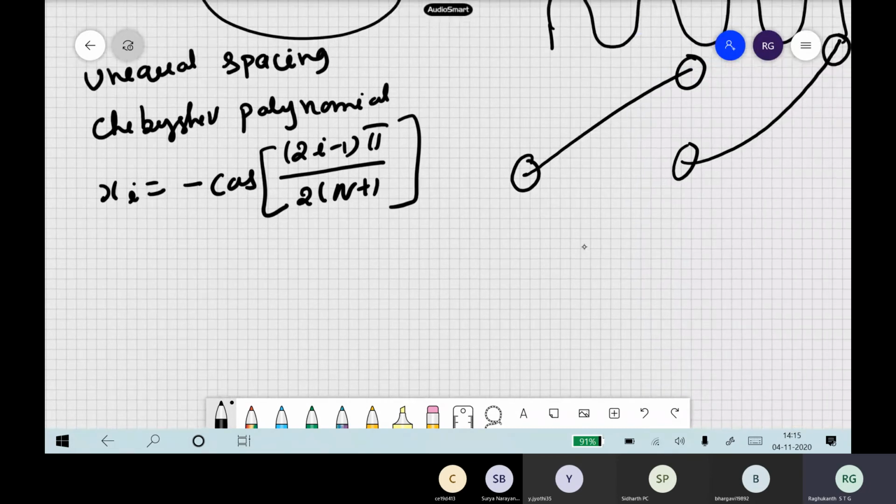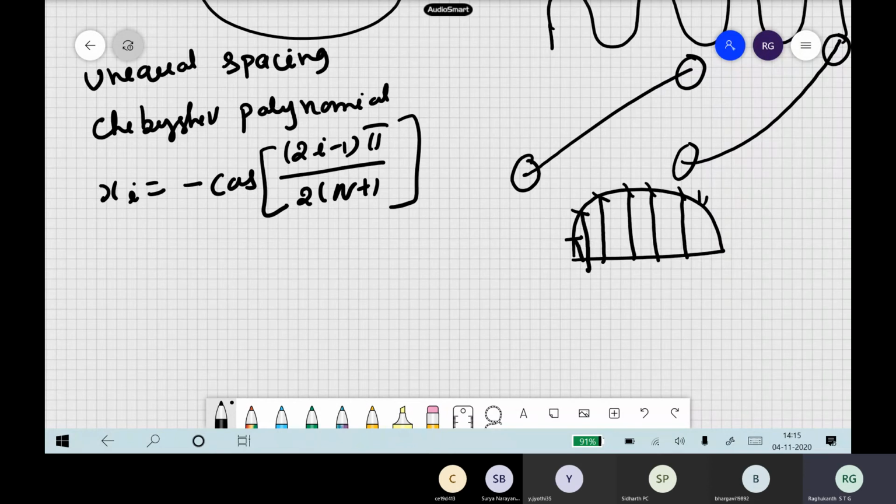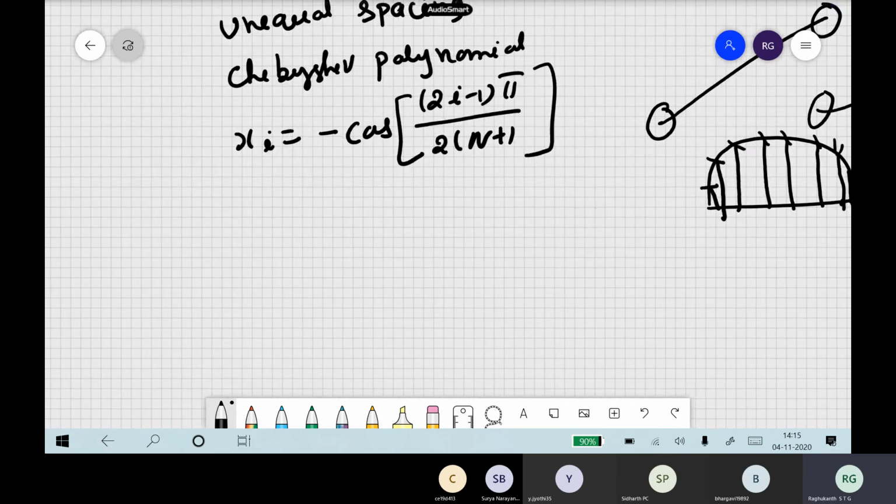The main concept is that you take a circle and divide it into equal points. But when you project it onto a linear space, the spacing becomes more at the center, but very dense near the ends. So this is one guideline: the roots of the Chebyshev polynomial are what we try to use.